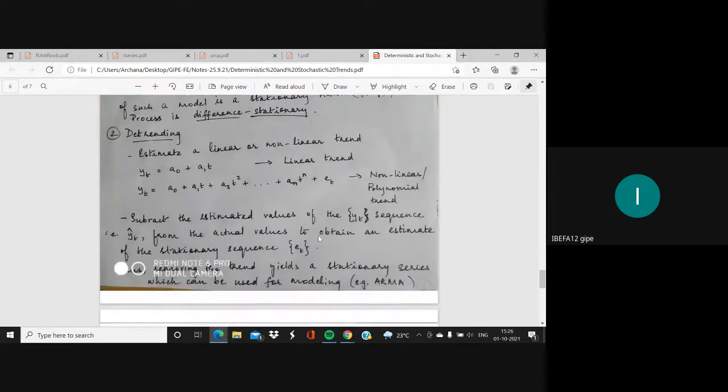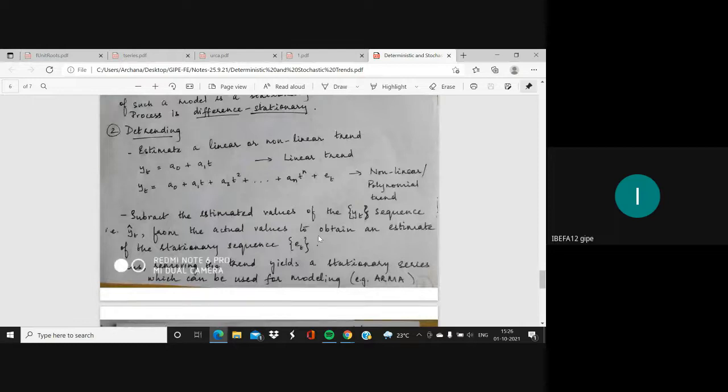Now you will take up detrending if there's a linear deterministic time trend. If your trend is deterministic in nature, then you will remove the trend component from your time series, and that will make the time series stationary. In general, for a time series, you can estimate a linear or a non-linear trend. This is the usual practice.